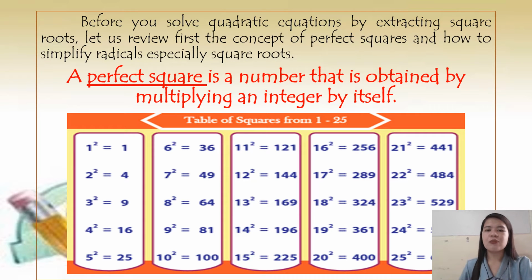If we are dealing with integers, we can also say that the square root of 36 is equal to positive 6 and negative 6. The square root of 121 is positive 11 and negative 11. The square root of 144 is positive 12 and negative 12. And the square root of 169 is 13 and negative 13.